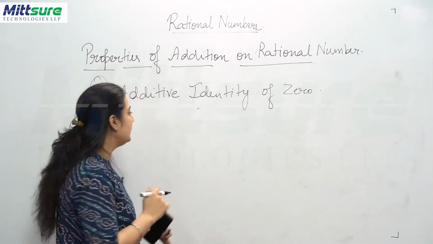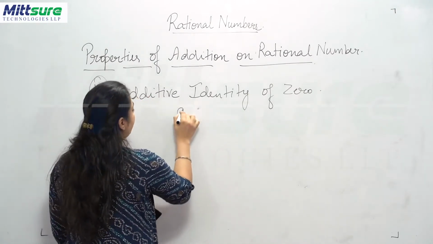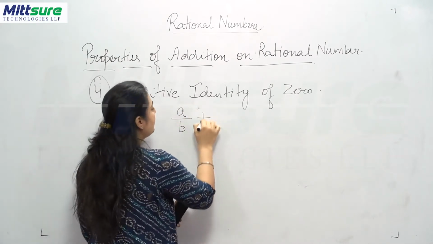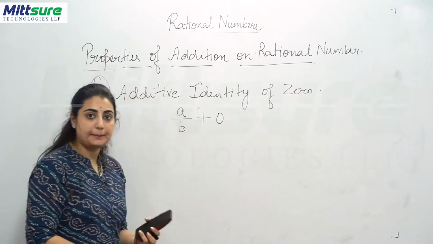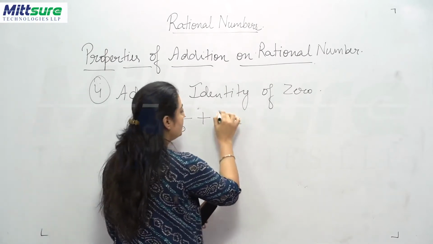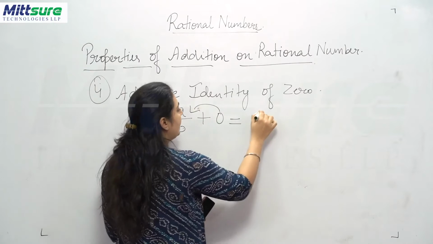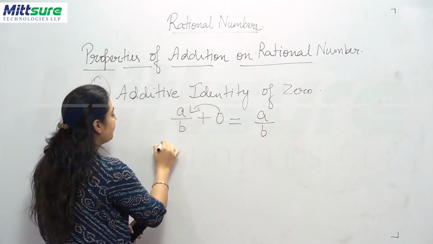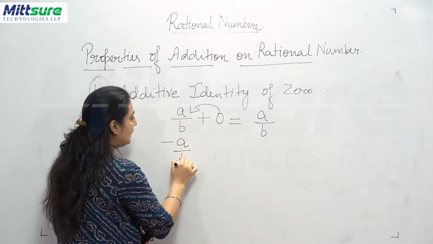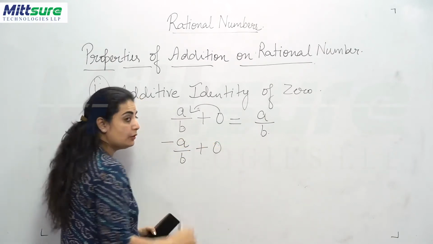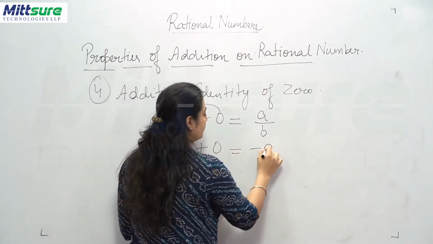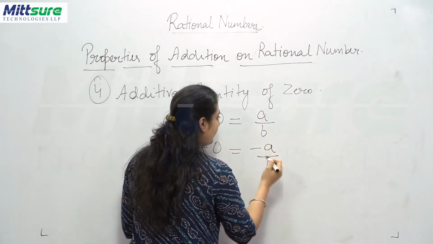number. That means if suppose you have a upon b as your rational number and 0 is added to this rational number, the sum of the two will be a upon b only. Even if we have minus a upon b added to 0, then also the sum of the two is minus a upon b.